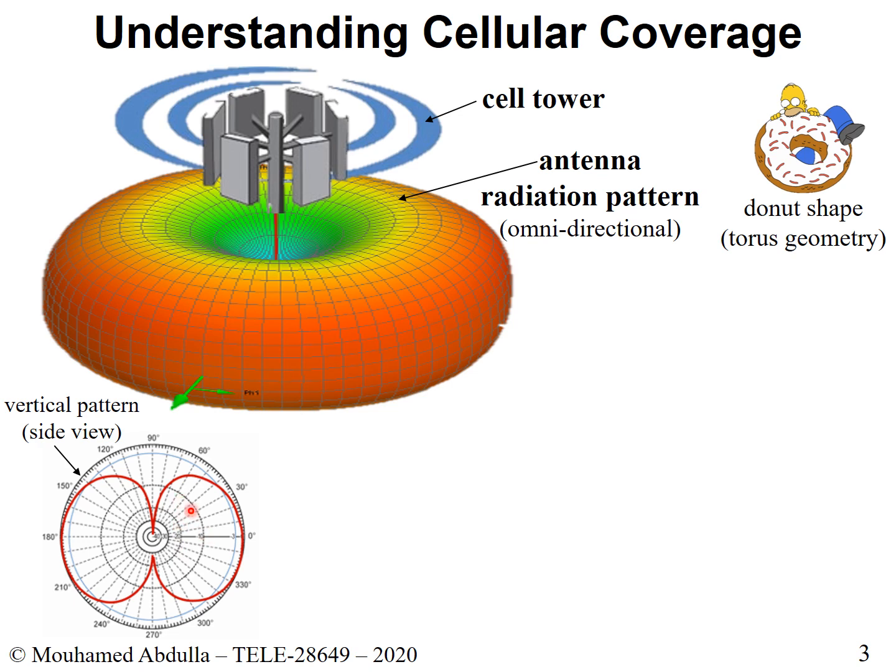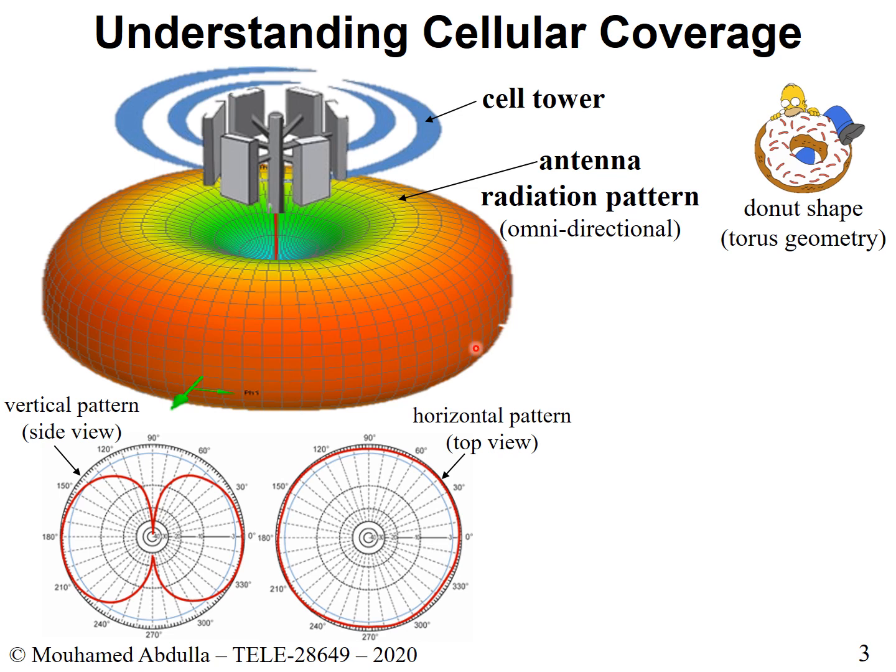These are different values of power. And if you look at it from the top, from a horizontal point of view, i.e., looking at it from the top downward, this is how it looks like. It looks like a circle. It's not a perfect circle, but it looks like a circle, and that's how the radiation looks.